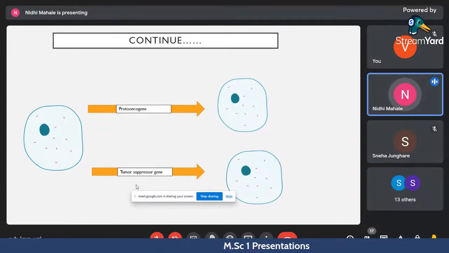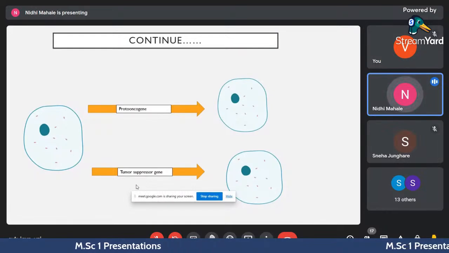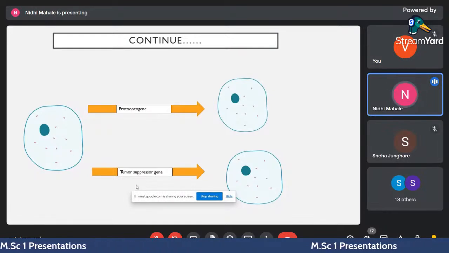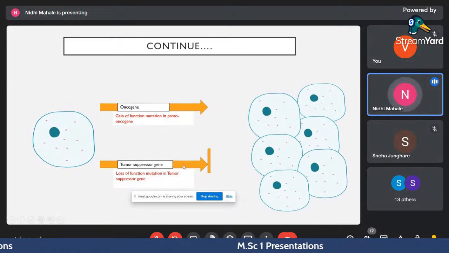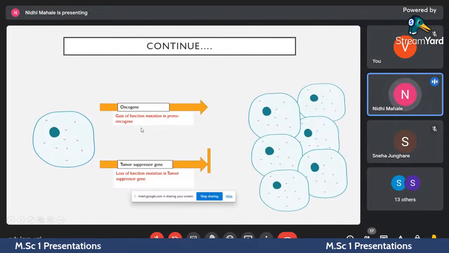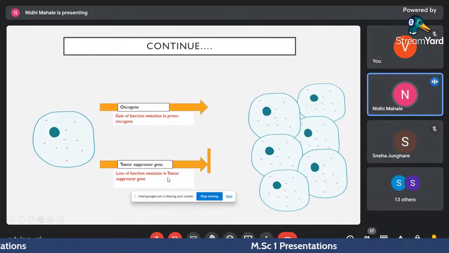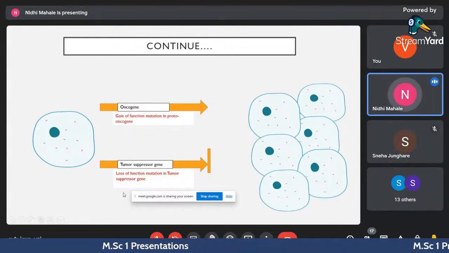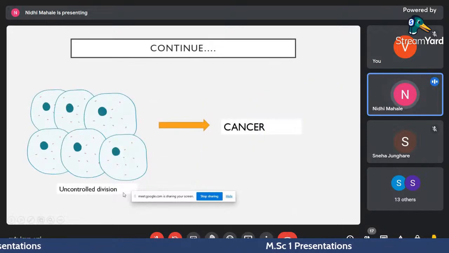So any uncontrolled mutation or uncontrolled proliferation would be a cause of cancer. Now, any gain-of-function mutation in a proto-oncogene or loss-of-function mutation in a tumor suppressor gene leads to uncontrolled division, which would ultimately lead to cancer.